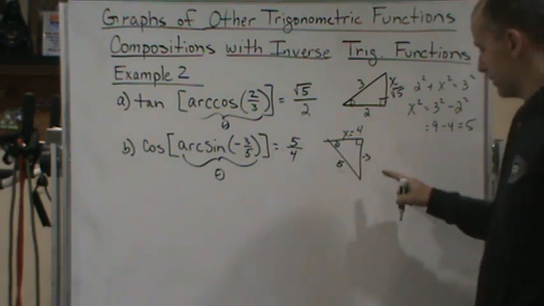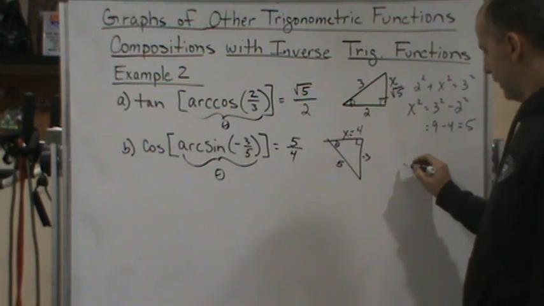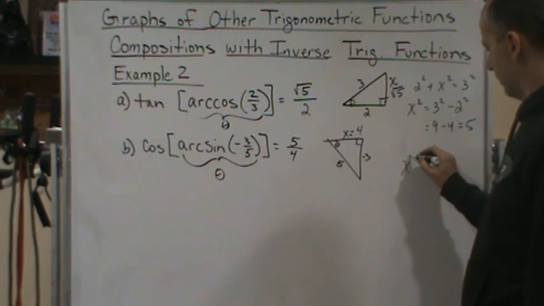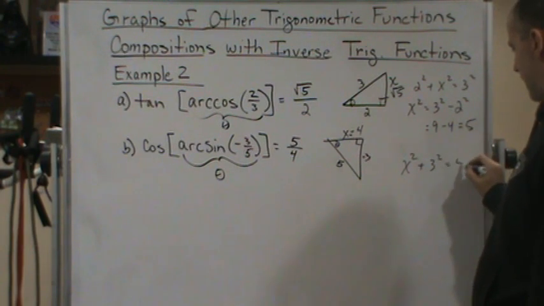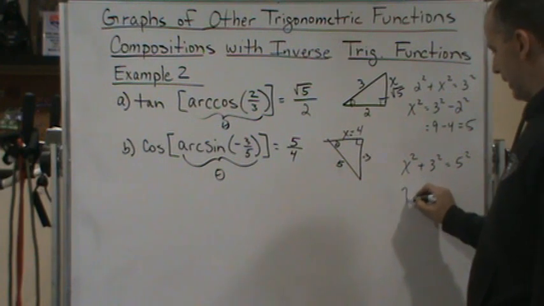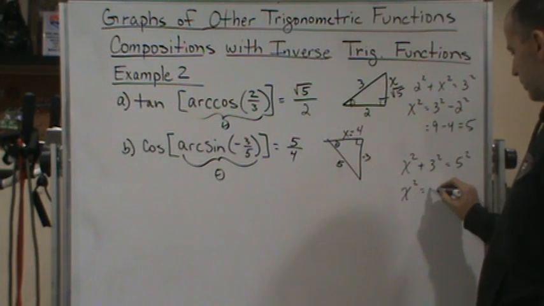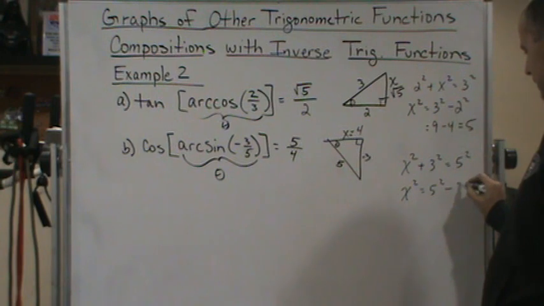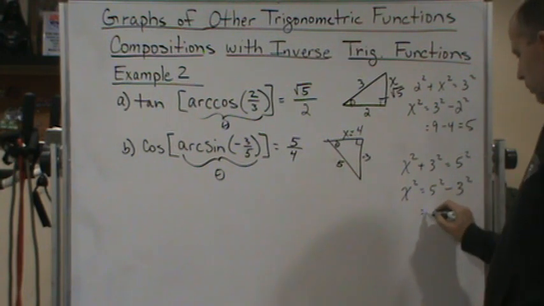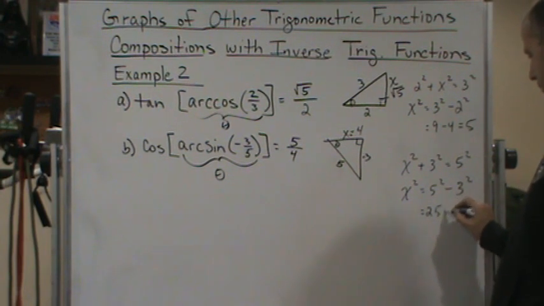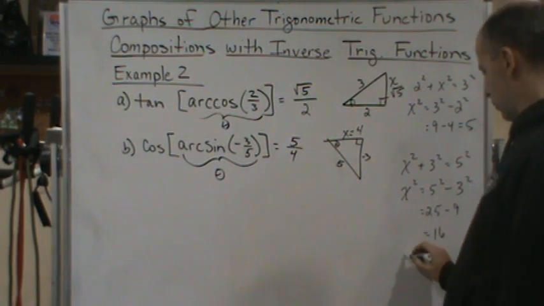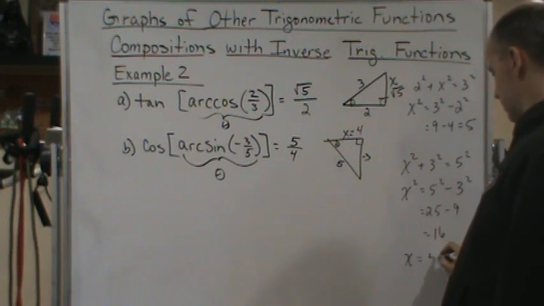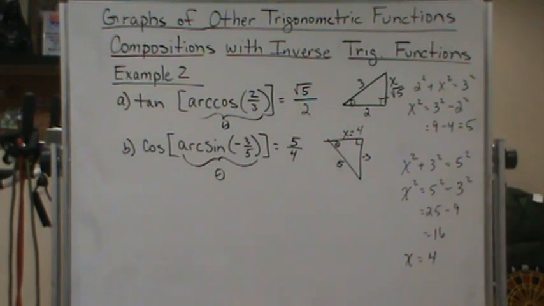But let's go through the process to verify that. If I do the Pythagorean theorem, x squared plus 3 squared equals 5 squared. So x squared equals 5 squared minus 3 squared, which is 25 minus 9, which equals 16, and then of course x equals 4, by taking the square root of both sides.